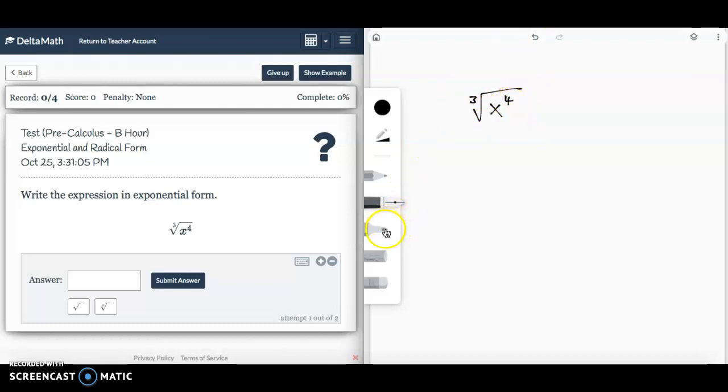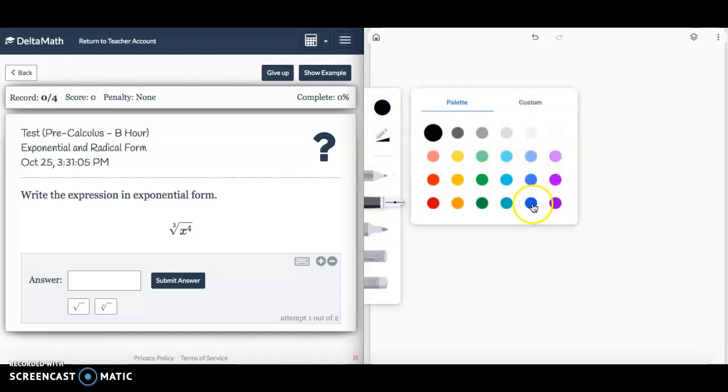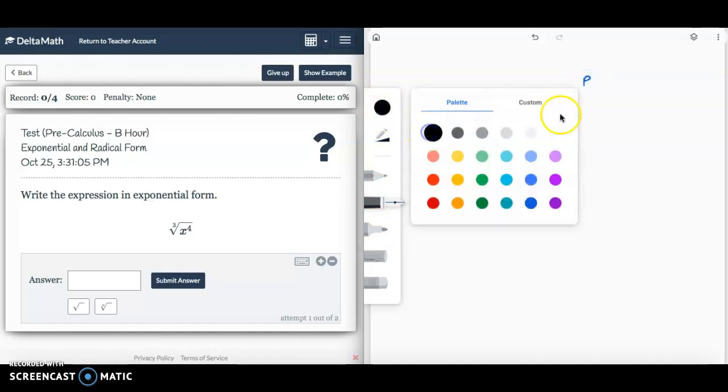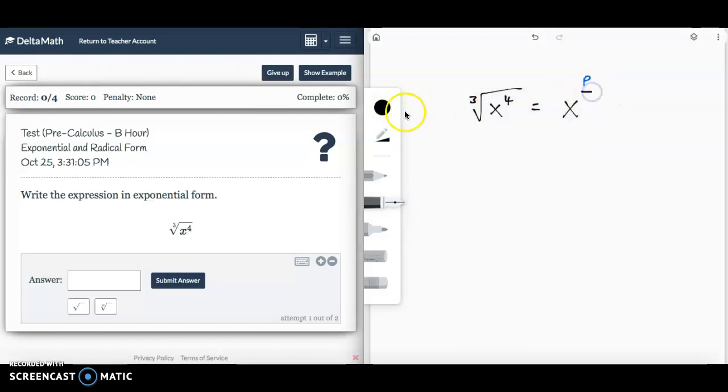And we learned that when you rewrite this as an exponent, your exponent will have the power over the index. And your index is the type of root that you're taking, while your power is the power.